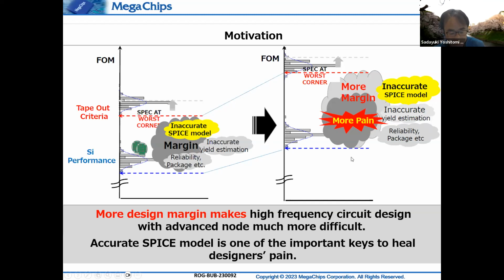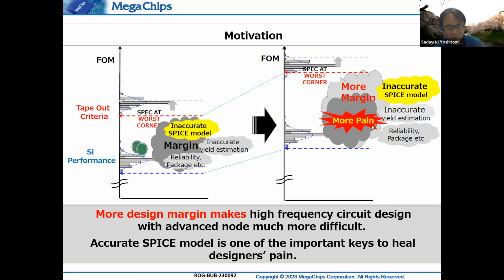If we continue this usual typical approach of adding more margin between generations, in the end it may not even be possible to achieve the target specifications at the schematic design stage. This is a nightmare of the circuit designer in the future.